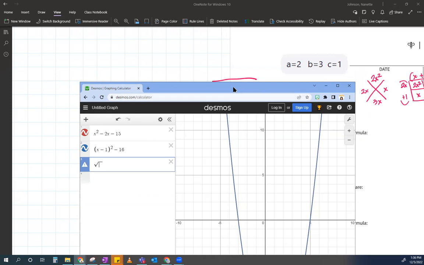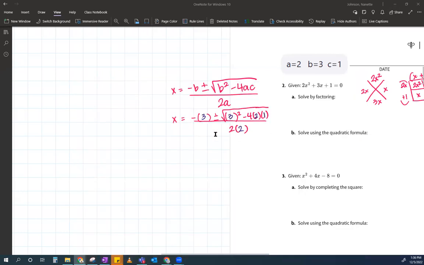Very good. All right. So I'm going to start simplifying one thing at a time. So I see -3, so I'm going to simplify that. I see 3 squared, that's just 9. 4 times 2 is 8 times 1 is 8.